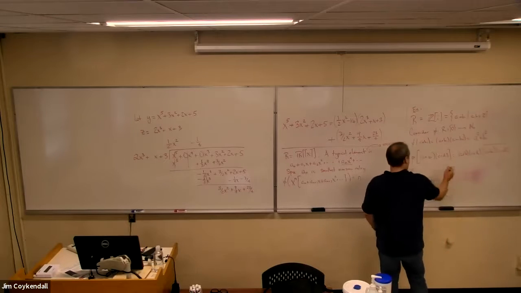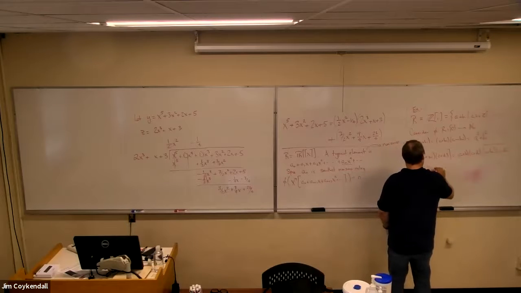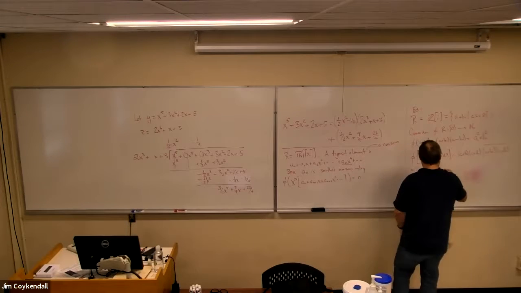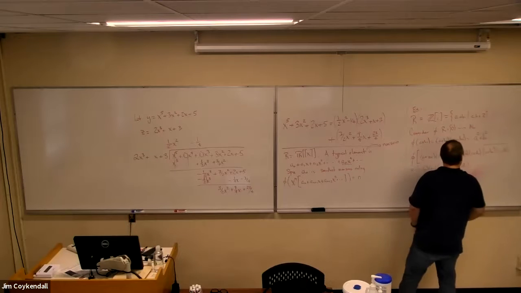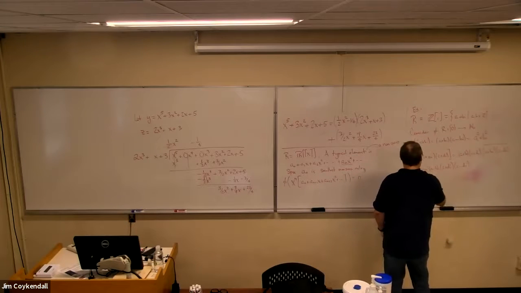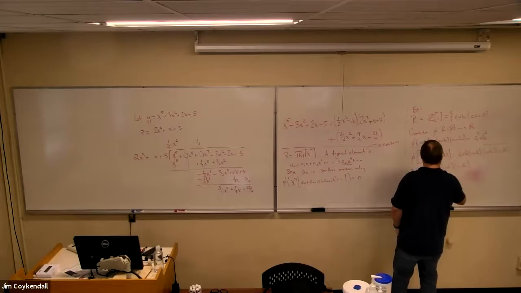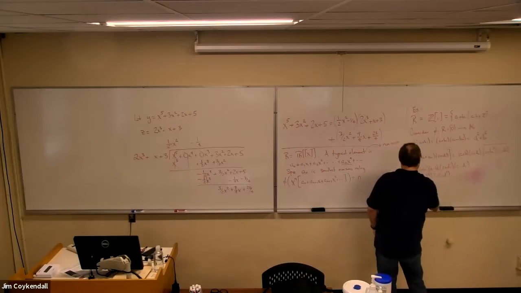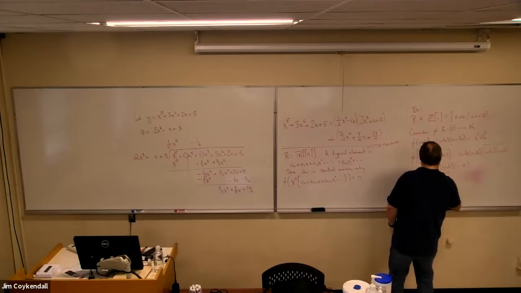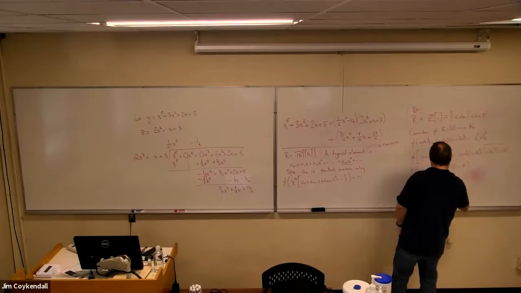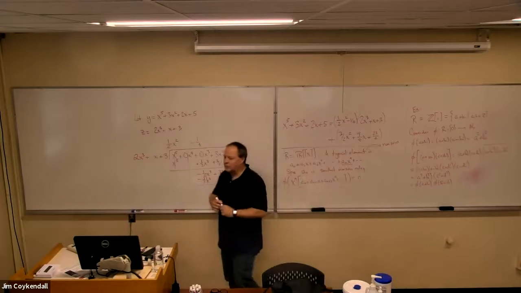Which is, if I rearrange this, (a plus bi)(a minus bi)(c plus di)(c minus di), which is (a squared plus b squared) times (c squared plus d squared), which is the norm of the first times the norm of the second. That is going to prove useful.